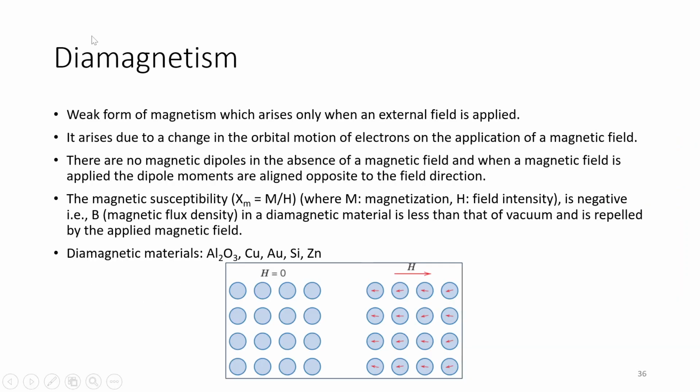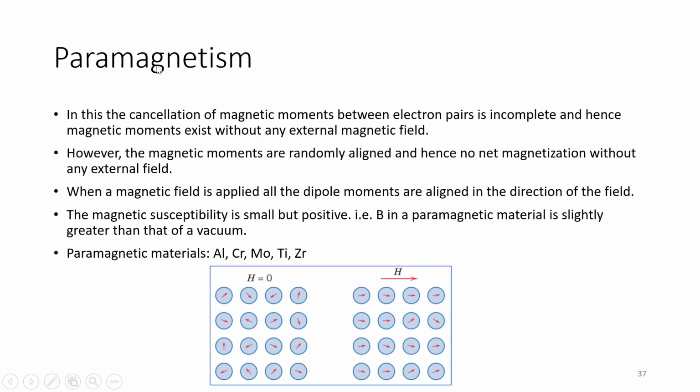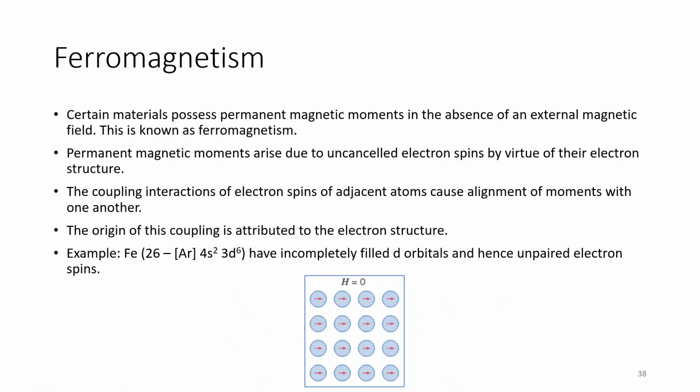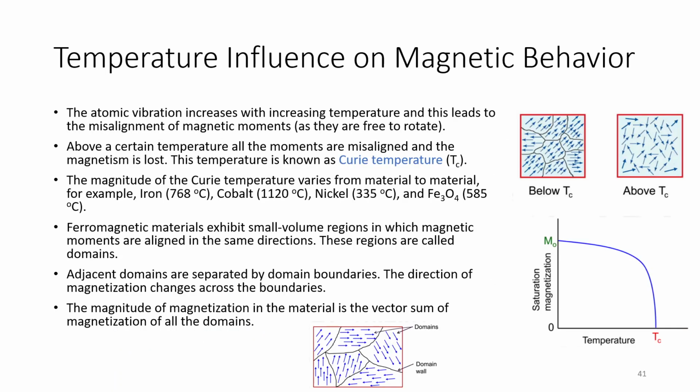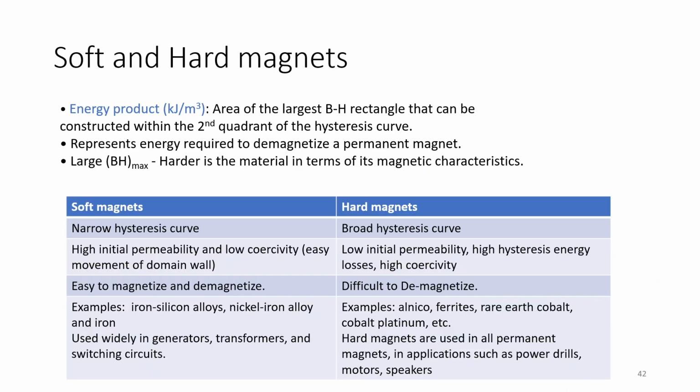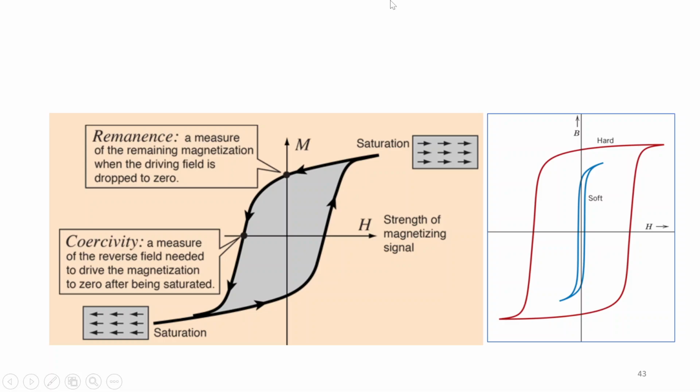In diamagnetic and paramagnetic, firstly the definitions and why it is happening, then ferromagnetism, how it is generated, and what are some of the examples. Try to remember some of the examples, and then the behavior with temperature, how it is changing, hard magnets, soft magnets.